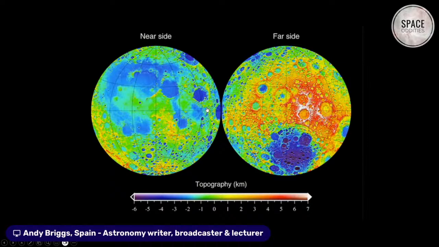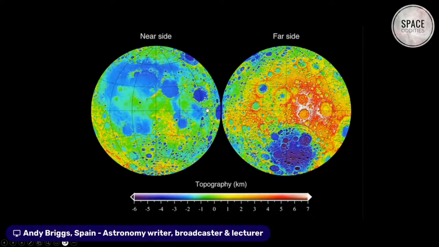Just on the far side of the moon, and therefore invisible most of the time from us, is this big blotch called the Aitken Basin, which is either one of or the biggest impact site in the solar system, a massive impact on the moon. And occasionally we get to see a little bit of it when we can see a little bit of the far side of the moon.